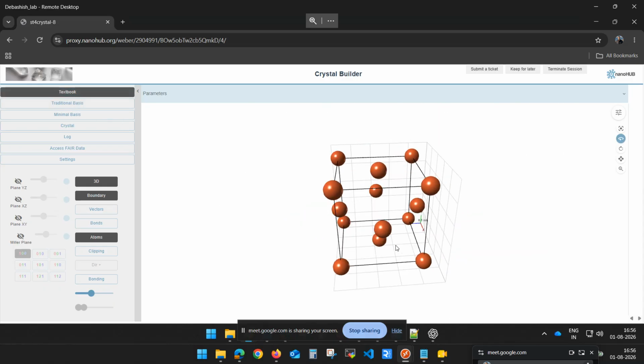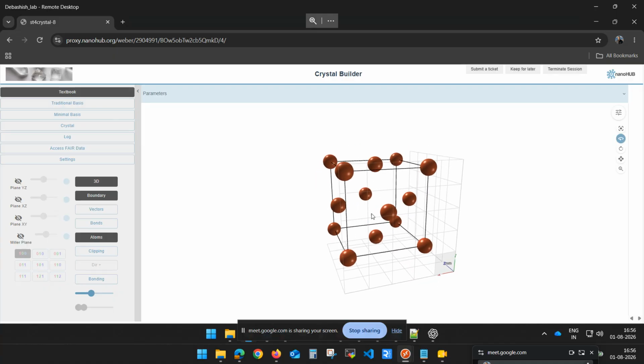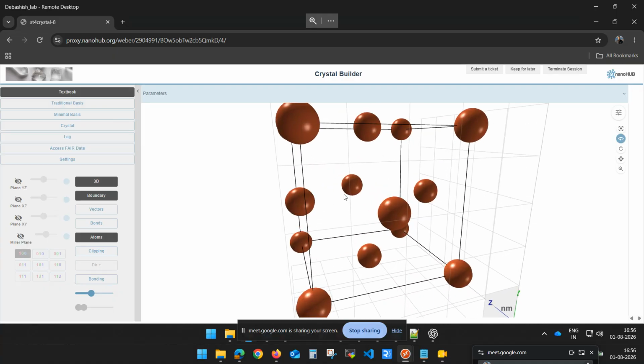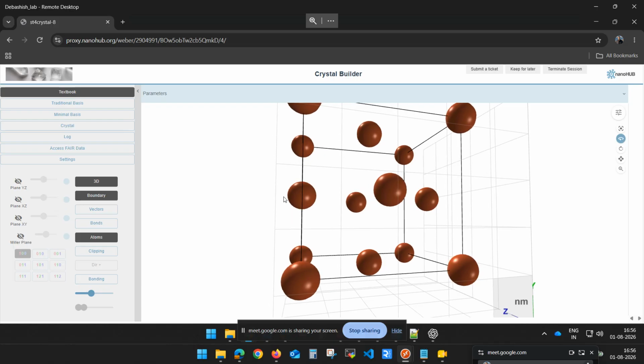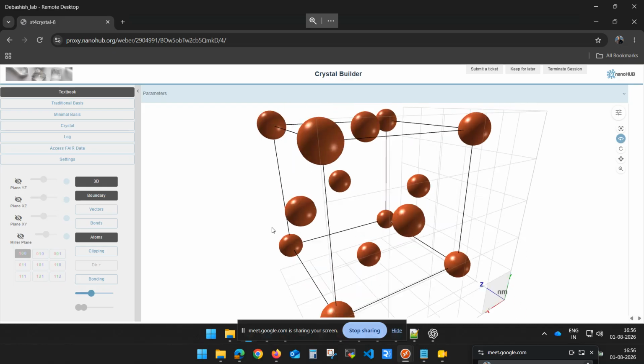So one face centered atom is shared between two cells, right? You can see that half of the atom is inside the unit cell. So one face centered atom has half of its volume contributing to the unit cell. Similarly, we have 6, so 6 times 1 by 2 gives you 3.